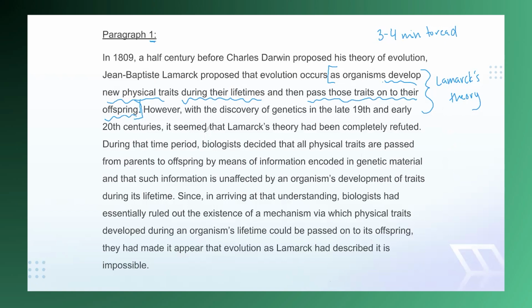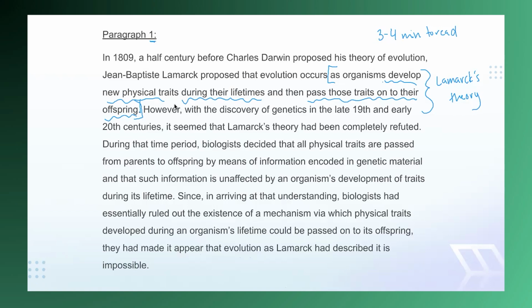And that's because this is the first sentence of the whole passage, which means that this theory is very likely going to be pretty central to the main idea of the passage and will likely come up again later in the passage. So, by noting these words and phrases, later in the passage, when I see them again, I'll know, hey, this is Lamarck's theory. I don't understand it, but I know that we're talking about it.